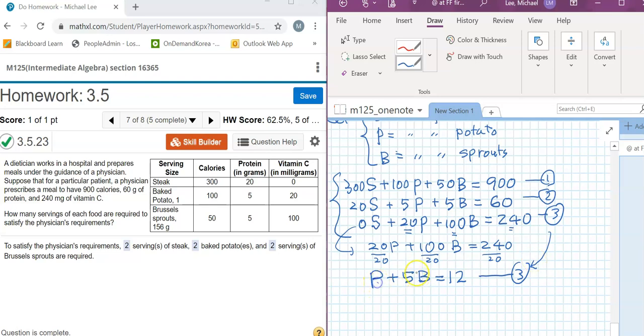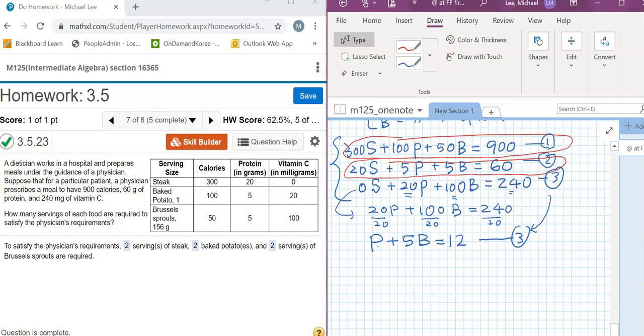This one has P and B, so I need to eliminate S in equations 1 and 2. That's what I've been doing in the last section. I want to eliminate S. Here, I want to make it very simple. Number 1, I'm going to divide everything by 50.